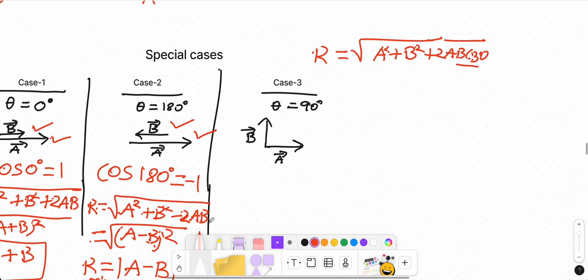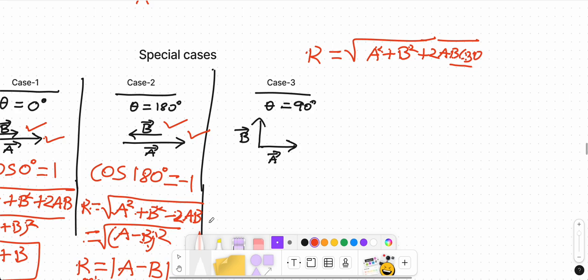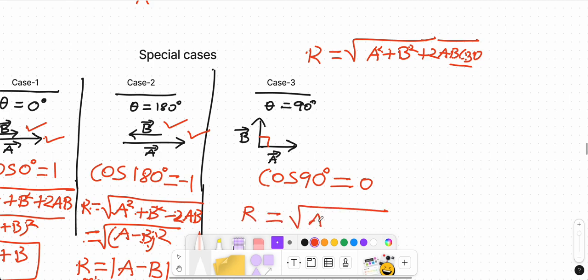Now case 3, when the angle between two vectors is 90 degree, you know cos 90 degree is 0, so you will get r is equal to root over of simply a square plus b square. Okay, very good.